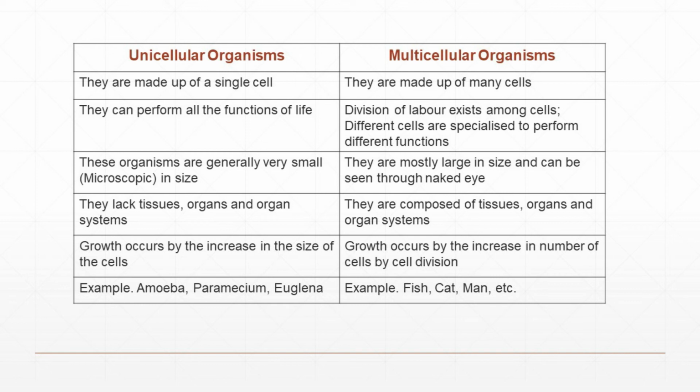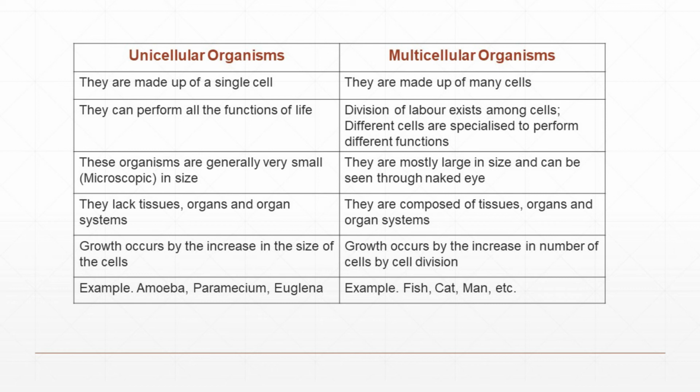Unicellular organisms, I will tell what are the properties you can see in unicellular organisms. Unicellular organisms are made up of a single cell. They can perform all the functions of life like respiration, digestion, locomotion, etc. These organisms are generally very small, that means microscopic in size.